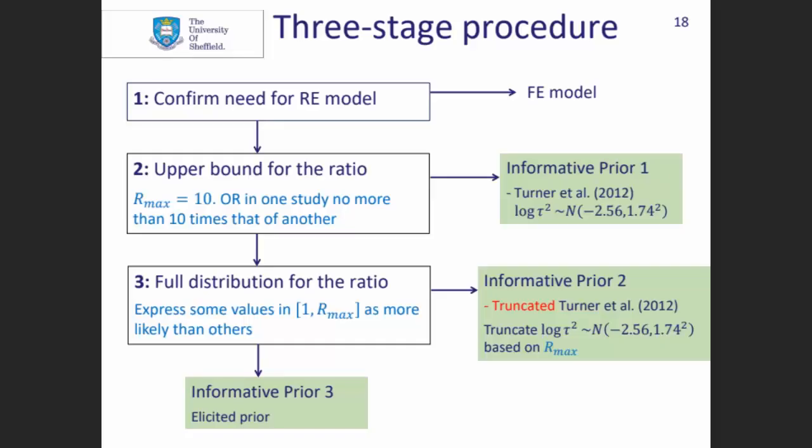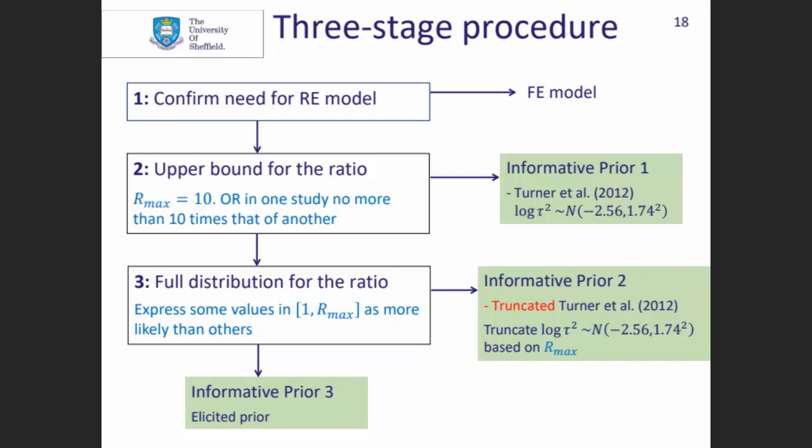So this is the 3-stage procedure. The first stage is to confirm there is a need for doing a random effects model. And if that's the case, we move to the second stage to elicit opinion for the upper bound for this ratio. So we're not asking for their best estimate, but asking what maximum value could be for this ratio.